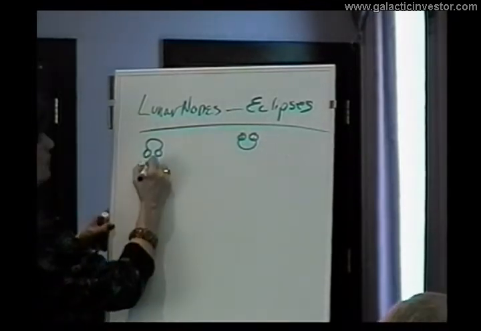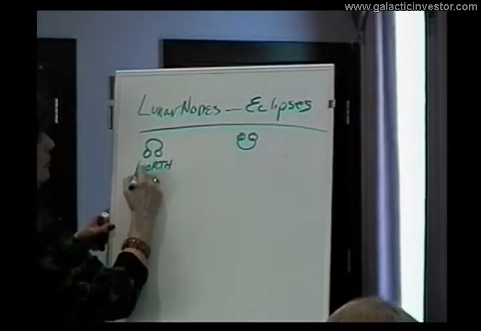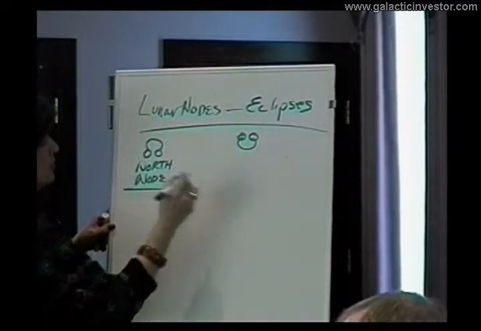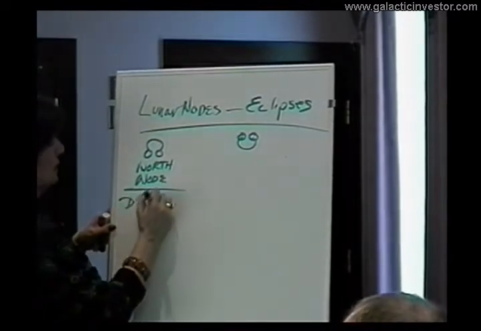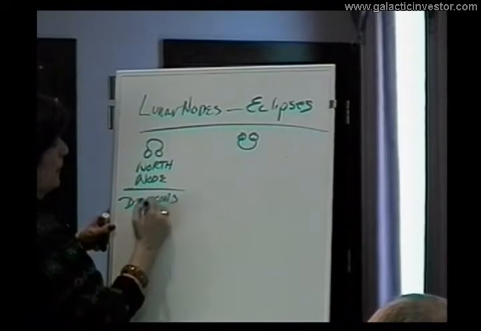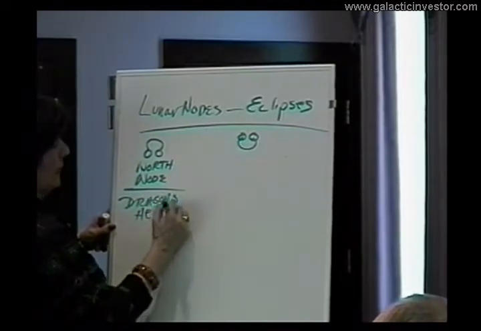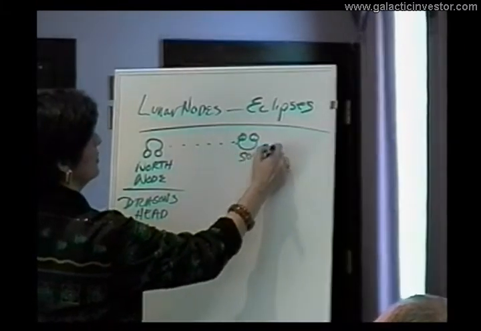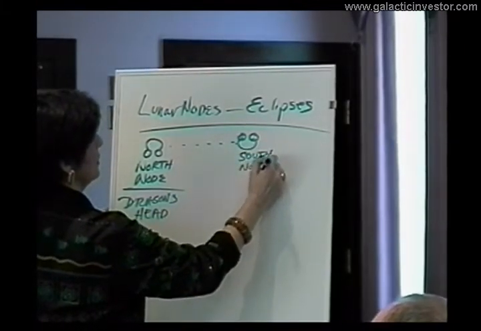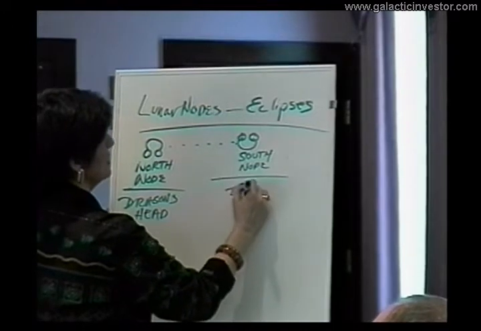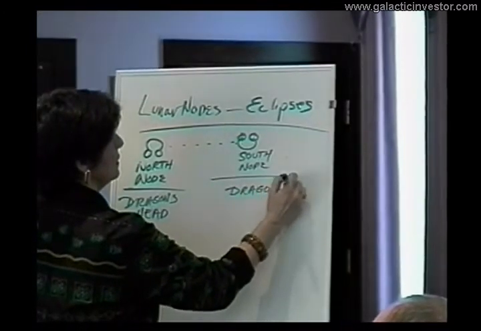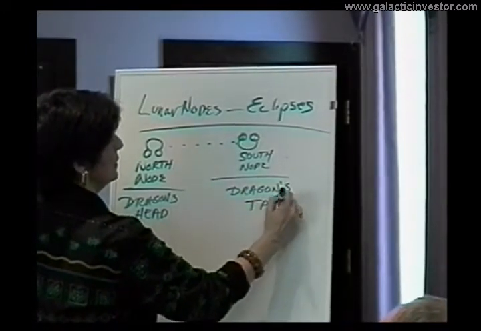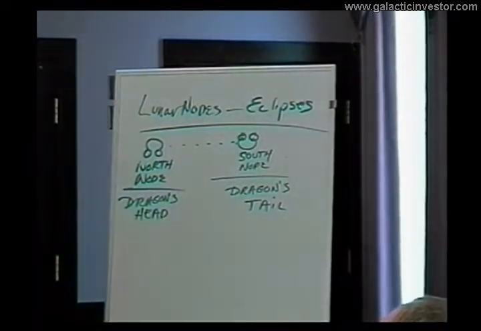This is called the north node technically, but a less technical term, which is easier to remember, is the dragon's head. And the very opposite point to that is the south node, which is the dragon's tail. These two are not planets, they're spaces in time.